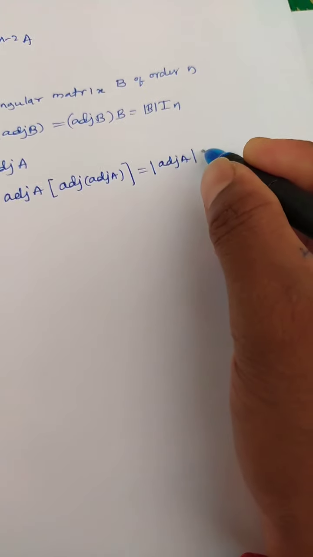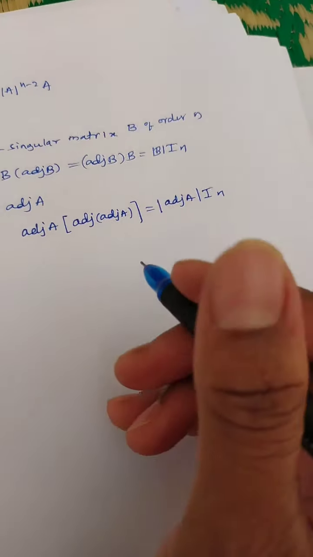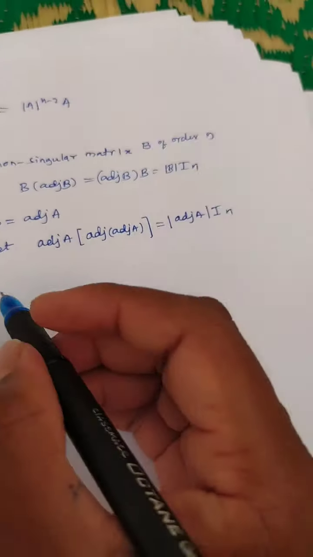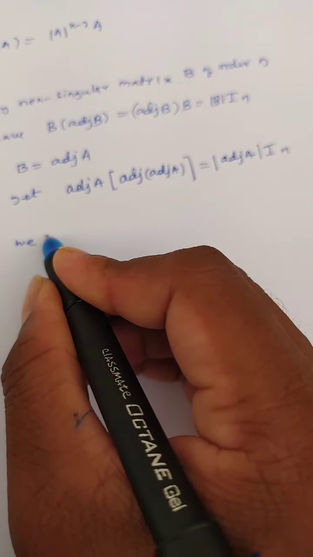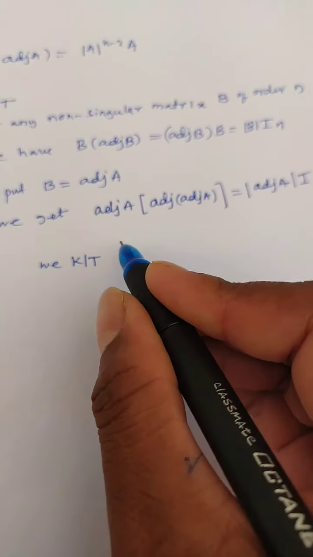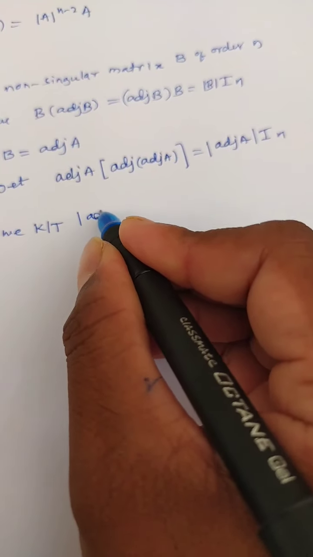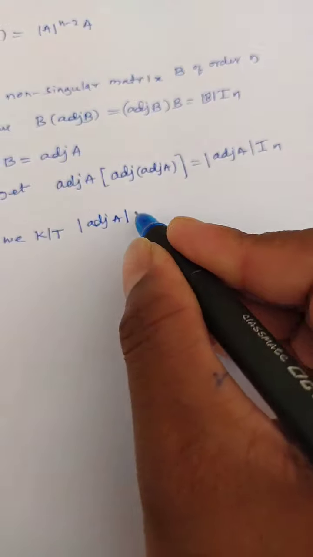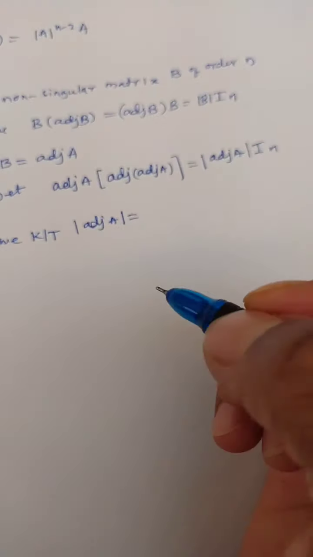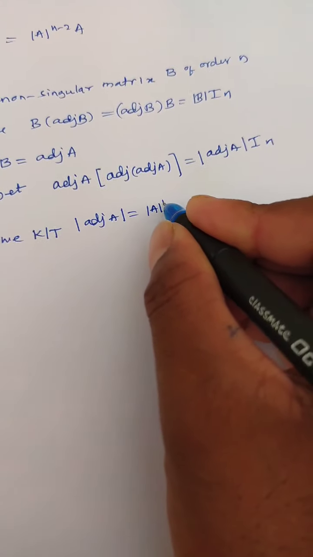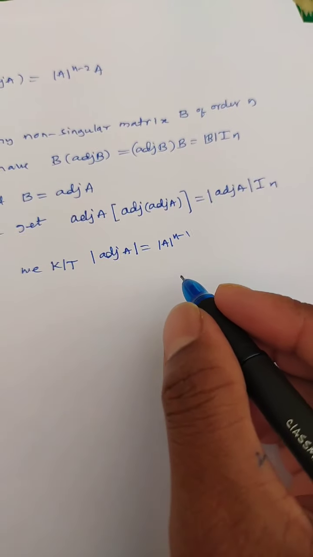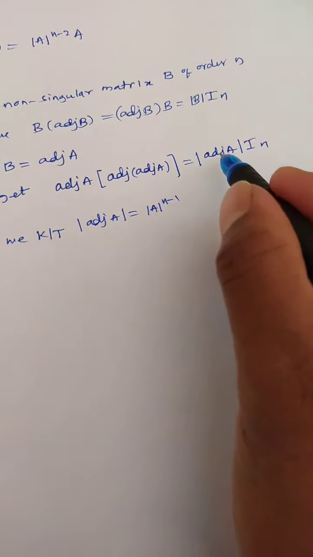Det of adjoint A into In, right? Already we know that det of adjoint A, in the second one we proved that det of adjoint A is equal to det A whole power n minus 1, right? I am substituting here.